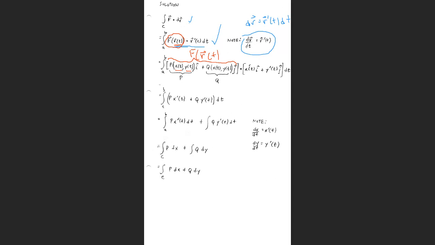And then the derivative, the vector function r prime of t, has components x prime of t, y prime of t. You do the dot product, and that gets you here: the integral from a to b of P times x prime of t plus Q times y prime of t dt.